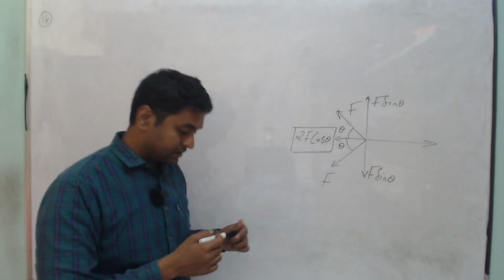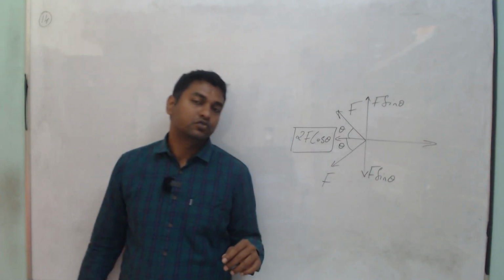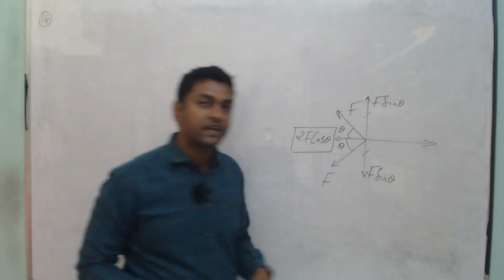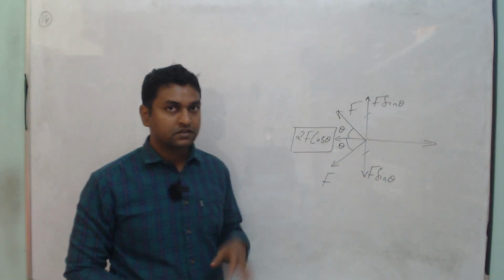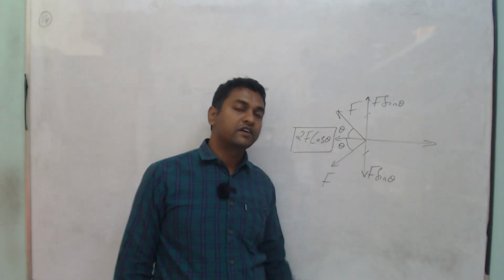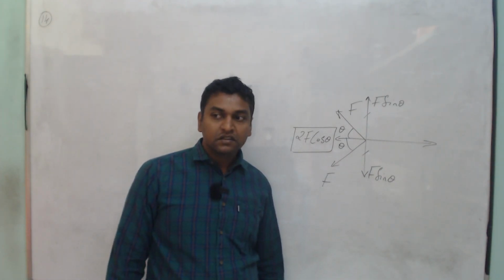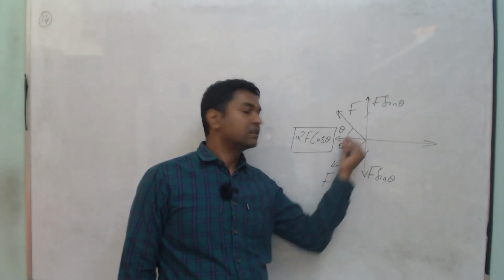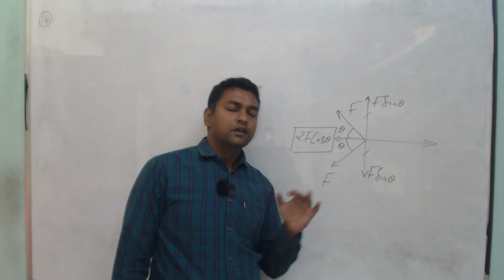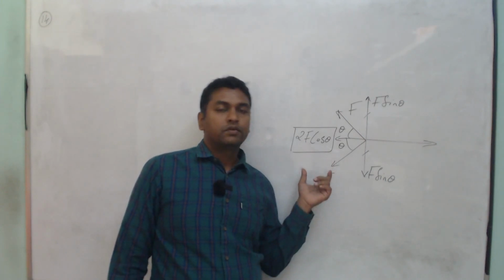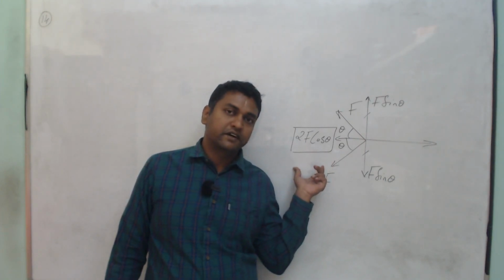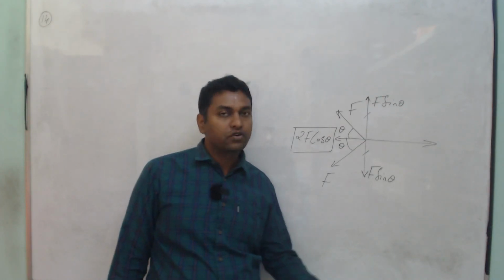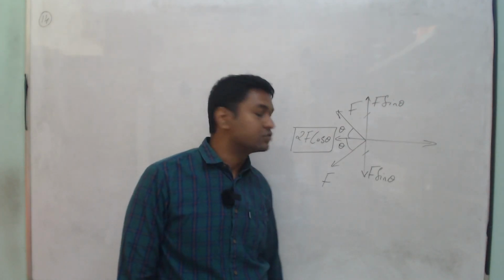Why I am writing the entire thing now is to show you that my choice of angle is more or less fixed depending on where I am getting my vectors. I can take that angle also as theta, but why am I taking this angle as theta? So that I get used to the normal 2f cos theta and f sine theta cancelling thing. I want to get used to this kind of situation, is all.